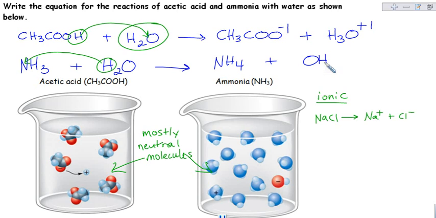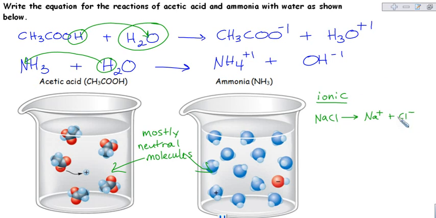Now these particles might look a little familiar to you. OH, which will now be -1, is hydroxide. And NH4, which will now be +1, that's the ammonium ion. Again, you won't have to worry about trying to predict that transfer of hydrogen. I'll give you these equations.